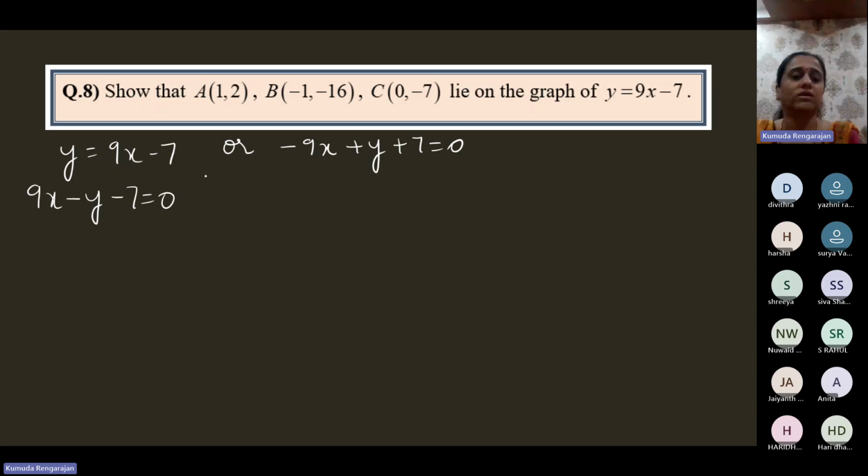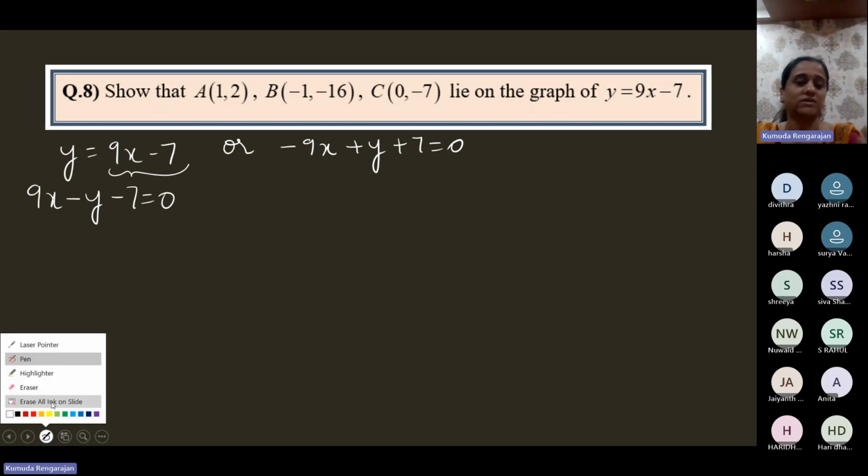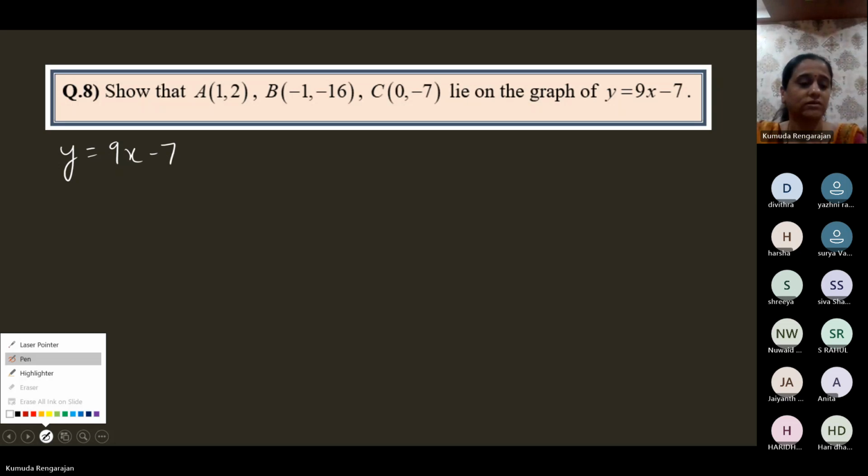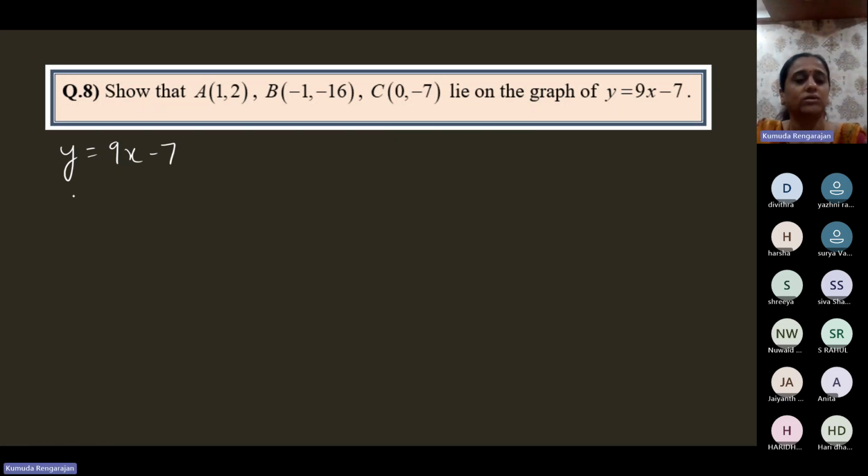See, it depends if you're taking these terms to the left-hand side or if you're bringing y to the right-hand side. Okay, this you have to think. There's nothing difficult about this. If you take y from the left-hand side to the right-hand side, you'll have 9x minus y minus 7 is equal to 0.